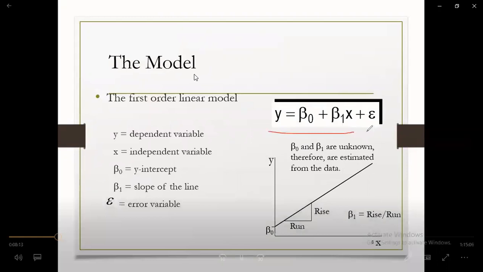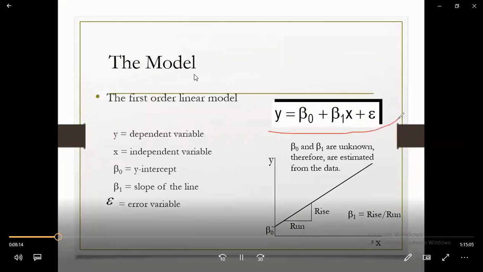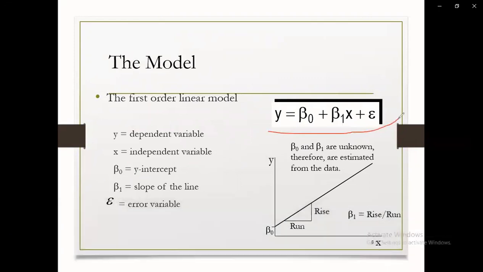The theoretical model, as we all know, is that y, the data, equals beta naught plus beta 1 x plus some error. So that is the theoretical model. Where y is your dependent, x is independent, beta naught is your y intercept, beta 1 is your slope, and epsilon is the error.